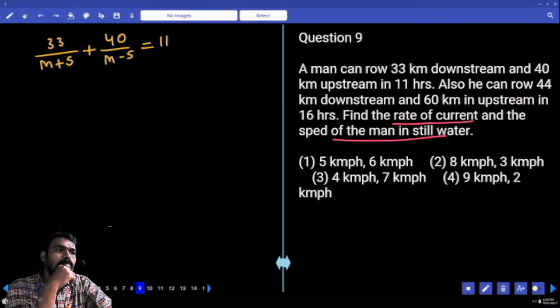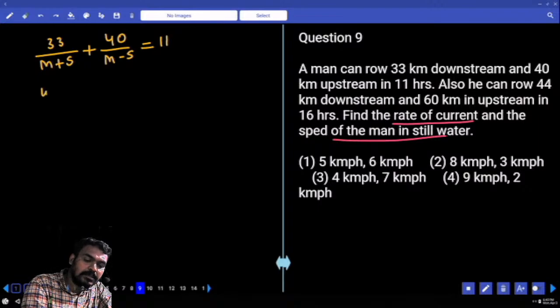Is 11 the maximum value or minimum value? Maximum value. Suppose if you get 1 or 2 or 3 hours, it is a minimum value. If time is minimum, speeds are maximum. If time is maximum, speeds are minimum.